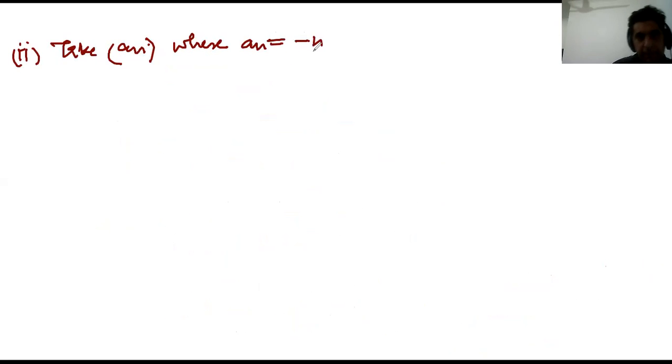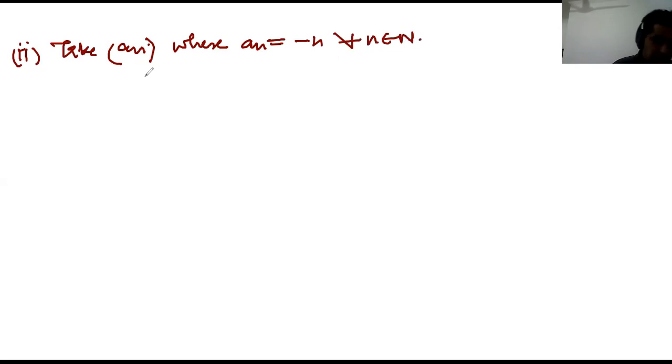Take an example. Example 2. Take a sequence an where an is equal to minus n, for all n belongs to n. Right?